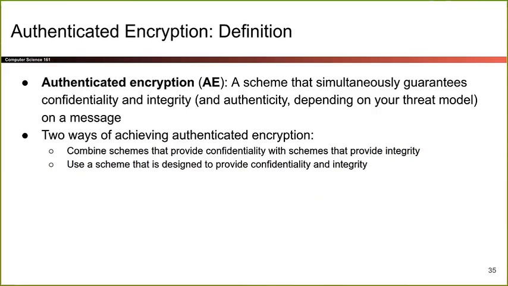So oftentimes if you have one, you have the other, but not always. I think people just haven't really defined these two terms concretely until recently. So sometimes people have used them interchangeably, but for this class, they do have specific definitions.